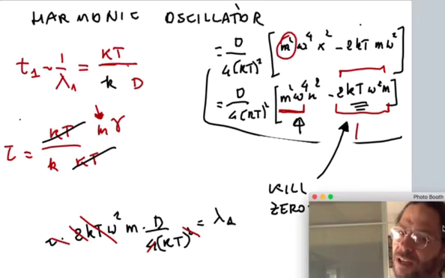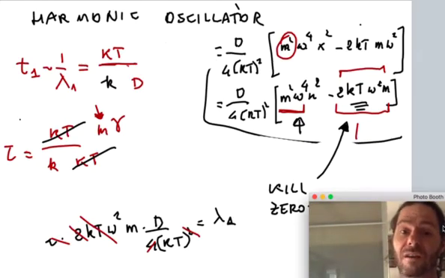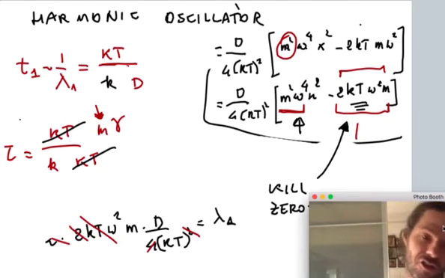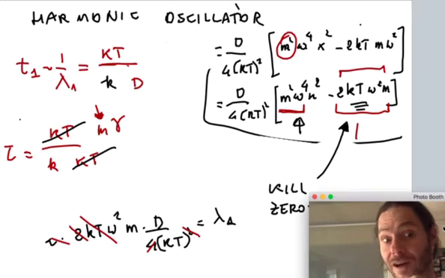And the reason, I believe, but this is just my speculation, though I'm quite confident in it, is that the harmonic oscillator has this very specific feature of being a quadratic form Hamiltonian, both in kinetic and potential energy, which implies that you have an equipartition theorem for both kinetic energy and potential energy. So if you double the temperature, on the one hand, you have more kinetic energy, you move faster, and therefore you explore the configuration space faster.